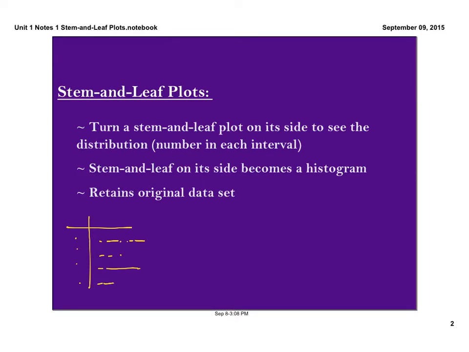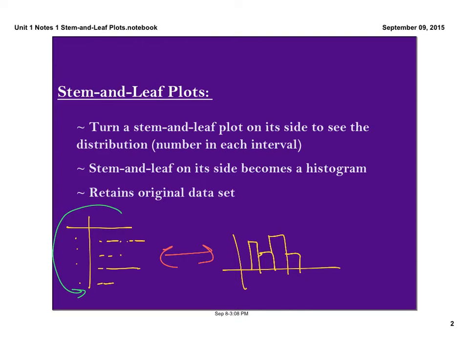If I took this whole stem and leaf plot and turned it on its side, it would become a histogram. These would be my two axes, and we'd have a histogram of our data. We would see how many are in each interval. Stem and leaf plots are typically set up by intervals. So a histogram and a stem and leaf plot are very closely related, and one actually becomes the other when you take the plot and turn it on its side.